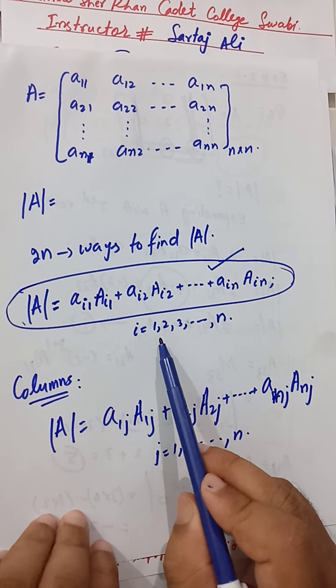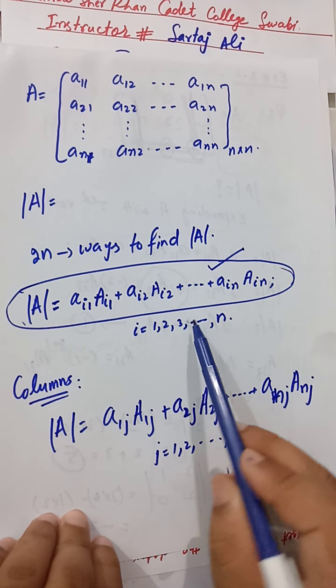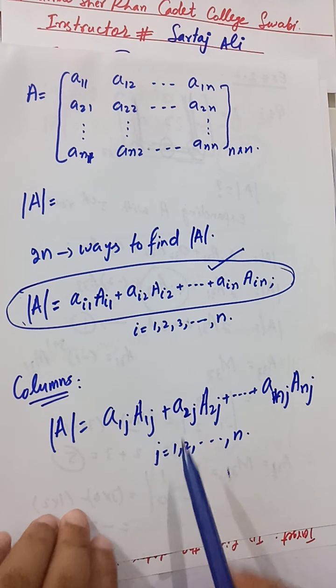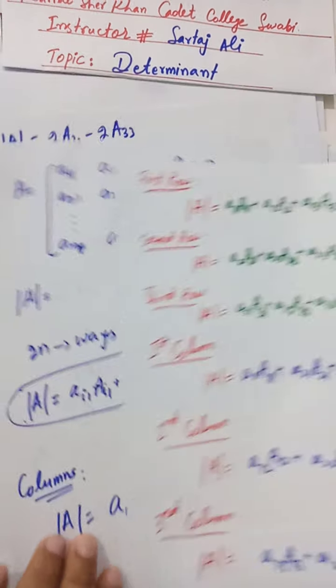If you put i equal to 1, that will be the expansion with respect to the first row. If you put i equal to 10, that will be the expansion with respect to the 10th row. And this is the formula to find the determinant of the matrix using any column. So these are the formulas in general.